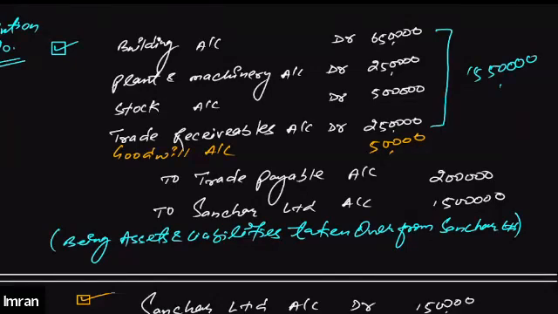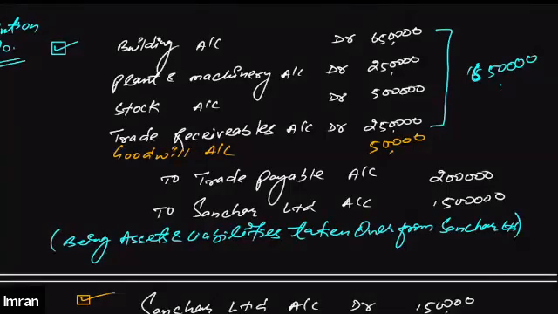I think there is a difference of 1,50,000, I guess. Yes, 16 lakh 50,000, right, Alexander, you are right. 16 lakh 50,000 and the sum total of this is 17 lakh. So there is a difference of 50,000 which needs to be debited to goodwill account. I hope this point is clear, everyone.